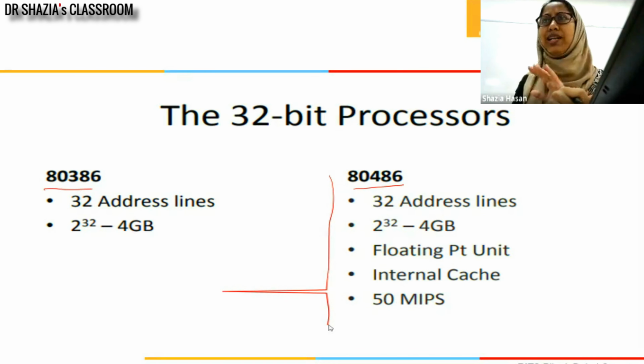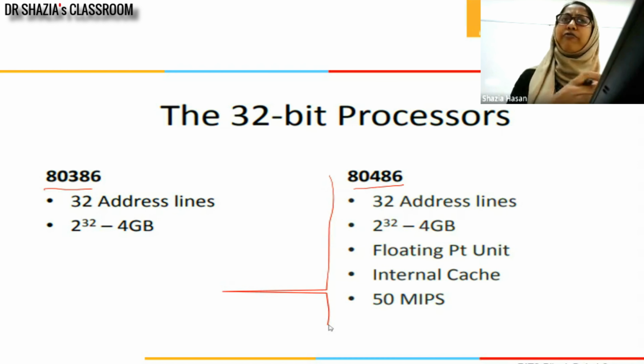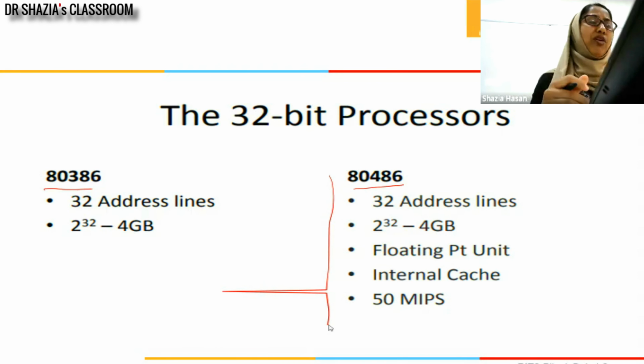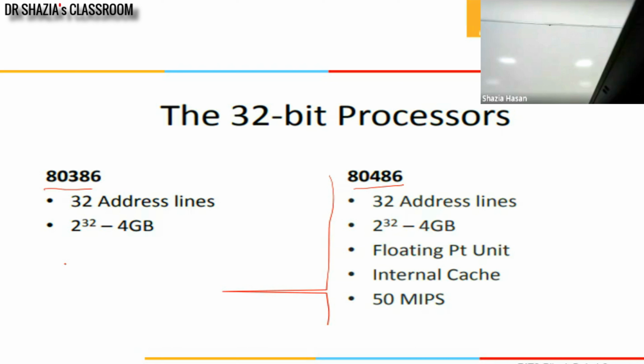I cannot perform addition of 1.25 with 1.35 or 5.5 with 3.5. That was not possible with processors up to the 386 family. These are all fixed point processors.